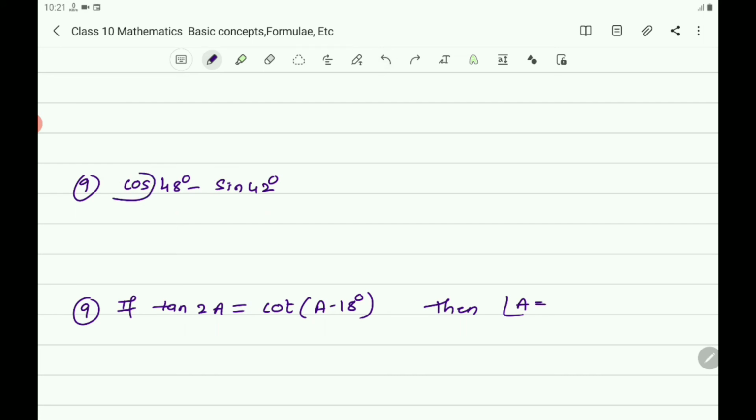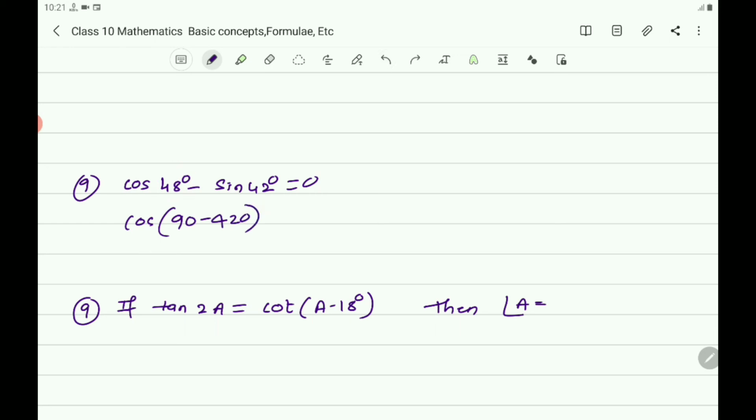The complementary of cos is sin, complementary of sin is cos. So you can consider these two are equal. If these two are equal means this minus this is equals to what? 0. How will you get the answer? You can write this as cos 90 minus 42 degree.